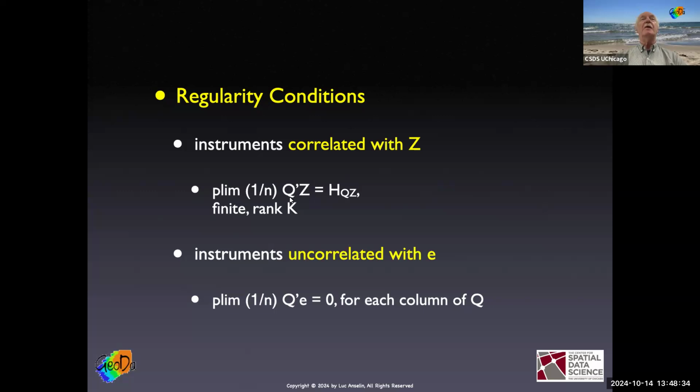So Q prime is K by N. So this is a K by K matrix. It's not symmetric, unlike X prime X, which is symmetric, but it's still a K by K matrix.